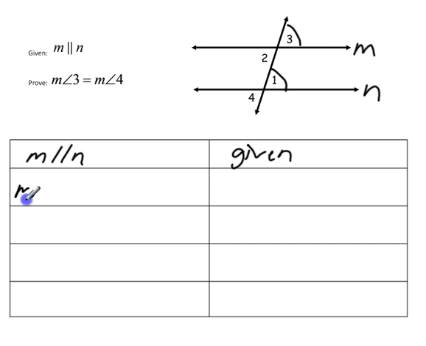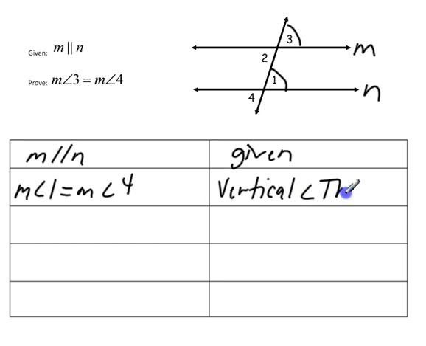So we're going to start out by saying the measure of angle 1 is equal to the measure of angle 4 by the vertical angle theorem. Sometimes books have you state that they're vertical angles by definition before you use the vertical angle theorem, and that's fine. You don't need to do it, but if you add it in there, that's okay too.